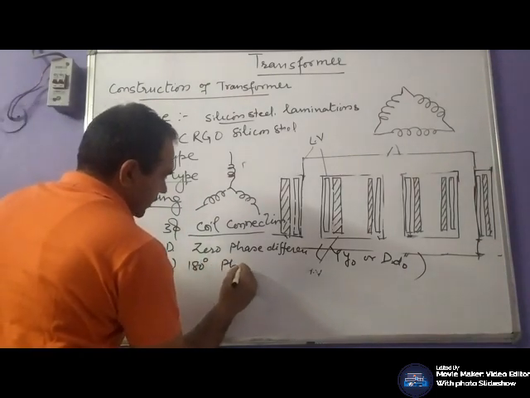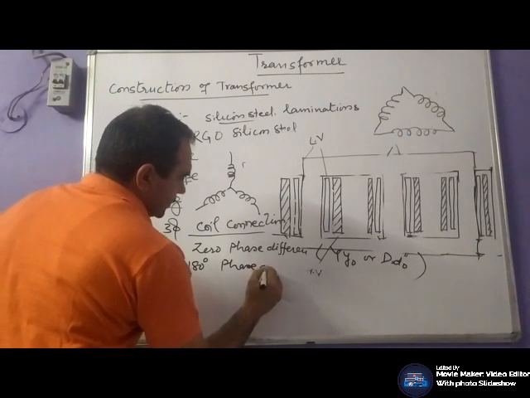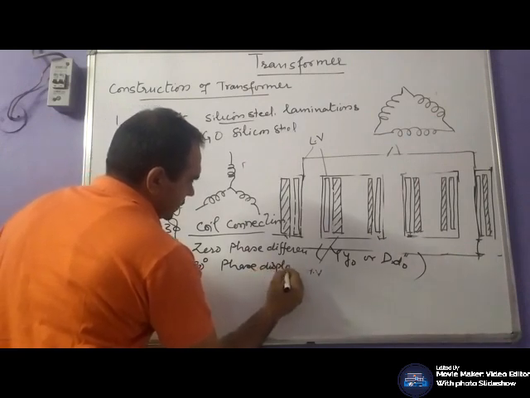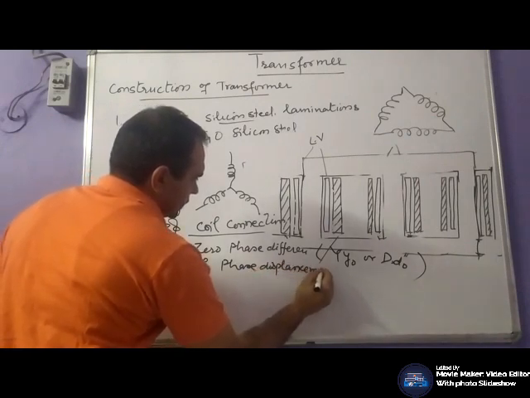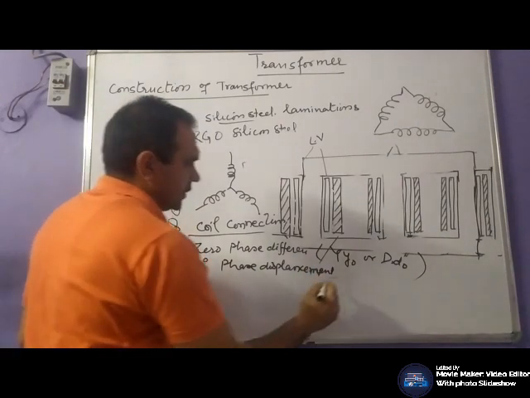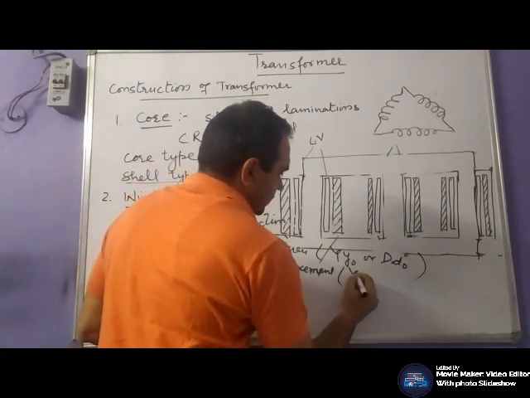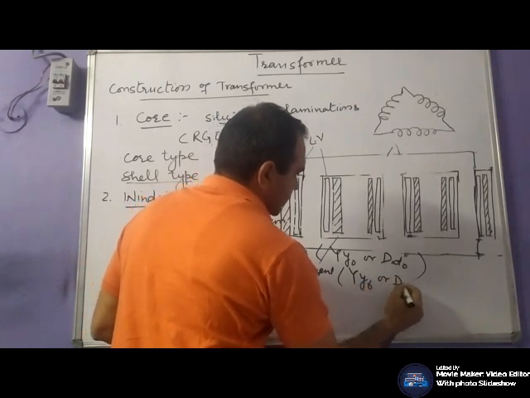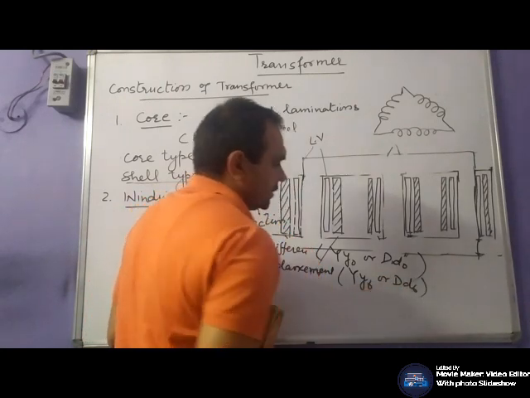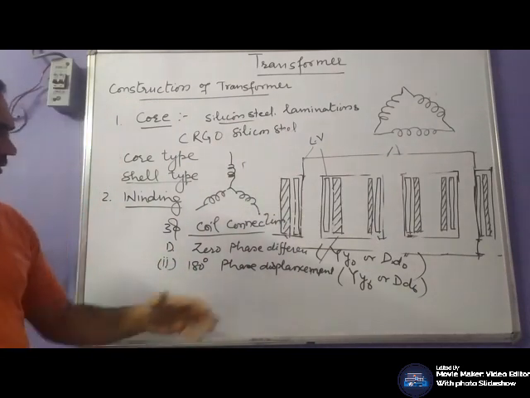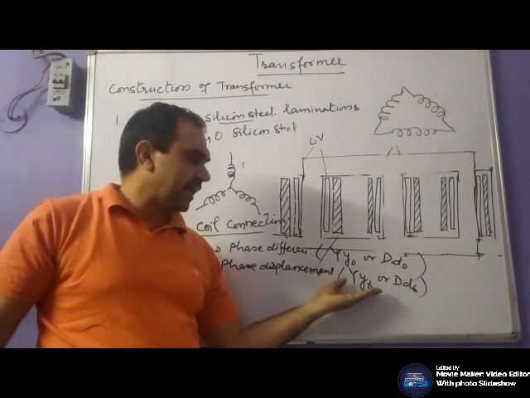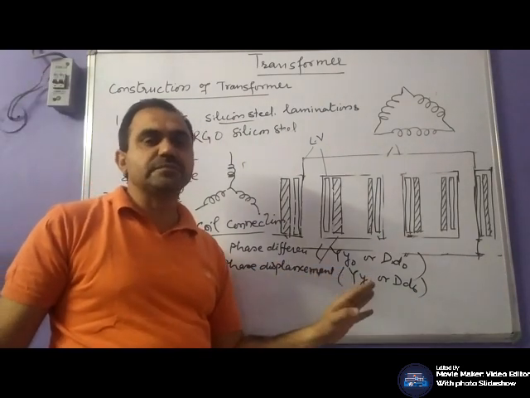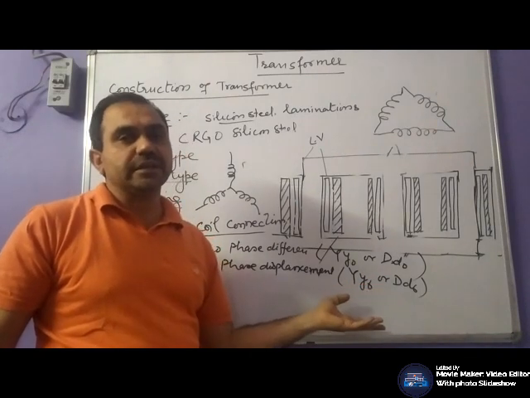The next group is 180 degree phase displacement, meaning Y6 or D6. For these primary and secondary windings, 6 means the phase displacement is 180 degrees.